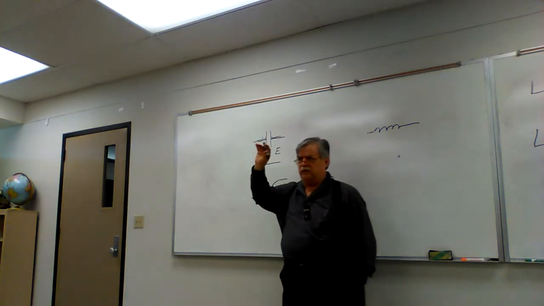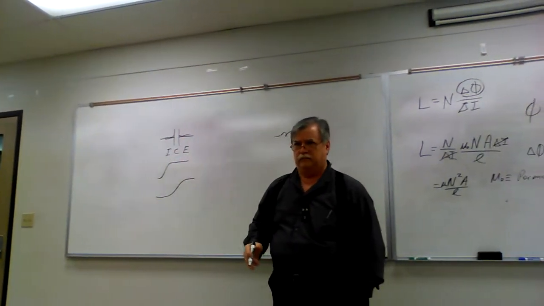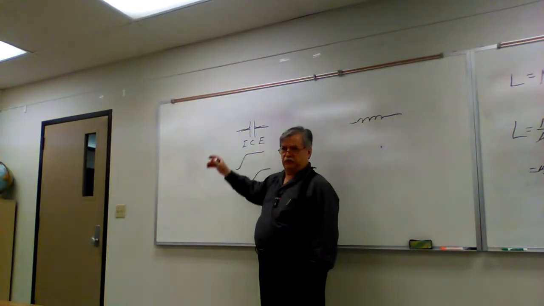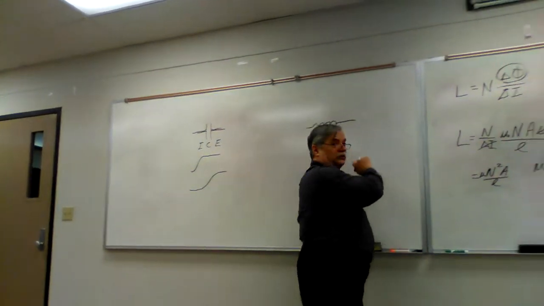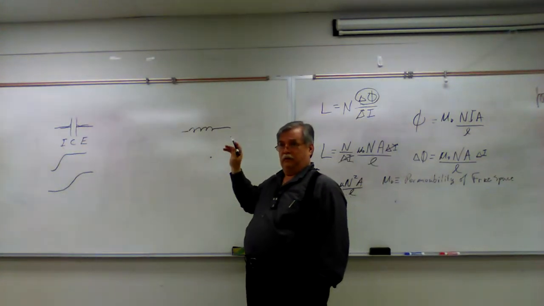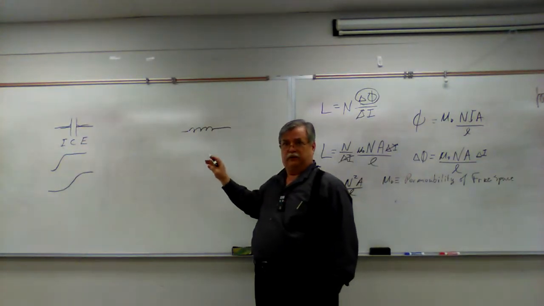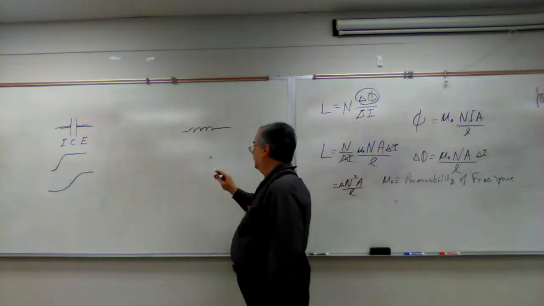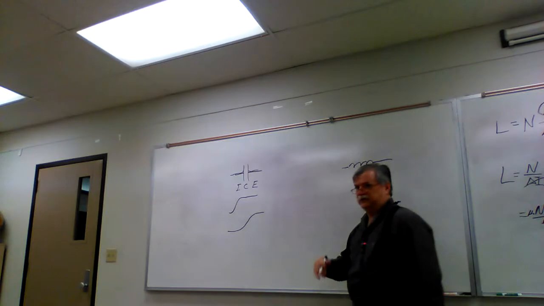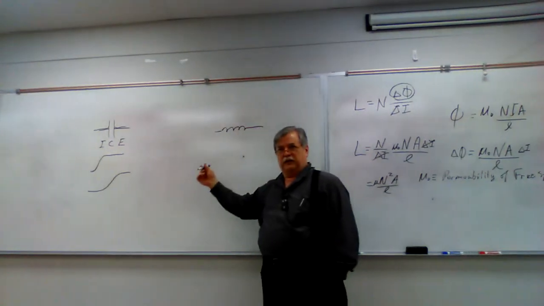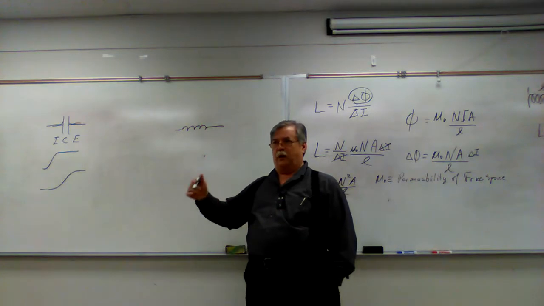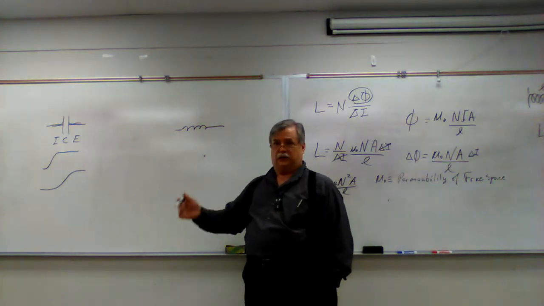Capacitors want to keep the voltage the same. So you have to pump in charge to change the voltage across a capacitor. Inductors want to keep the current the same. So you have to push a voltage on it to force a change in current. When you first apply a voltage, current starts to flow. But the inductor then induces a magnetic field into itself to oppose the flow of that current. That's Lenz's law.